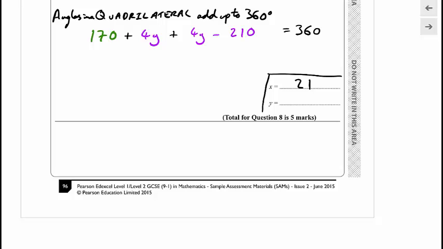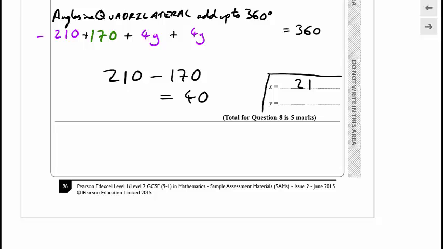And then if I just do a little bit more jiggling about, if I put this out the front, this is a positive 170, right? So I've got minus 210 plus 170. Well, ignoring the negatives for a minute, the difference between 210 and 170 is equal to 40, right?